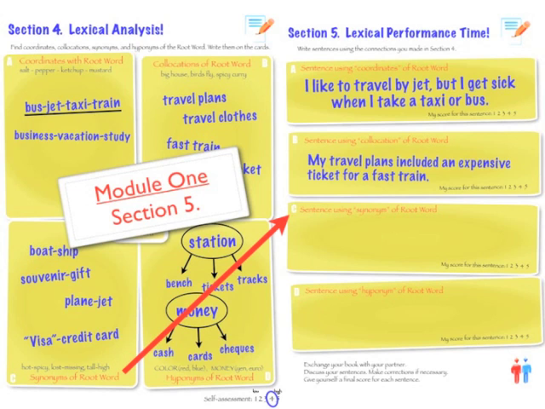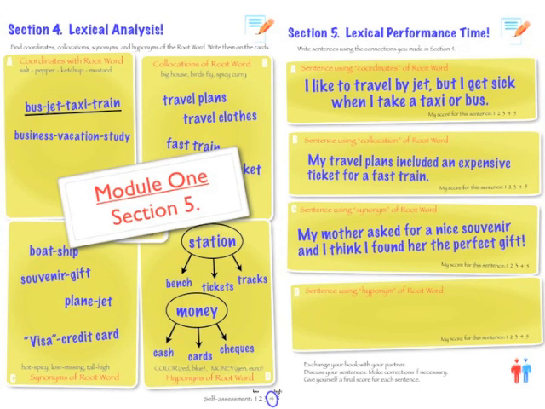Section C here. Sentence using synonym for root word. My mother asked for a nice souvenir, and I think I found her the perfect gift. So the synonyms were souvenir and gift.